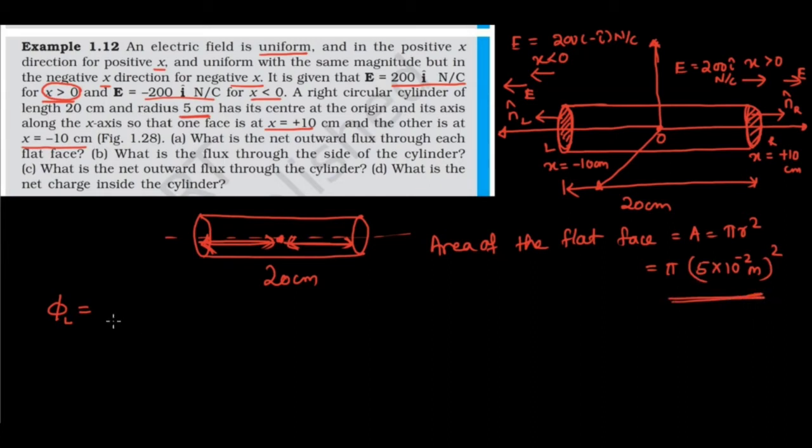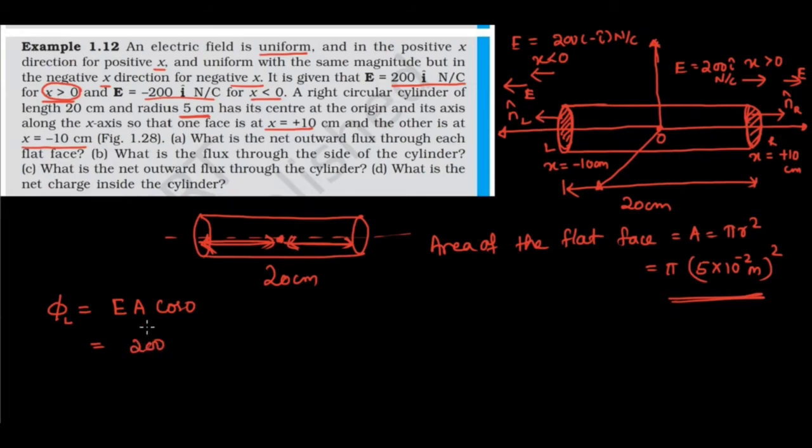So phi L will be E into A into cos 0, electric field into area into cos 0, because the electric field and area vector are parallel to each other. So E is 200.